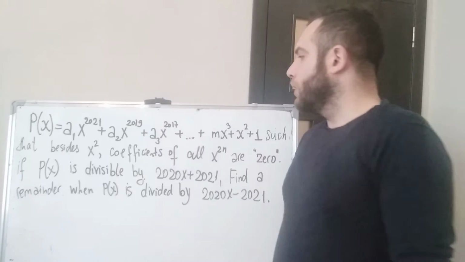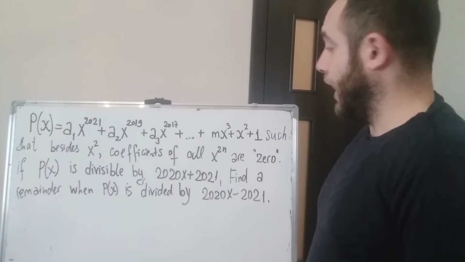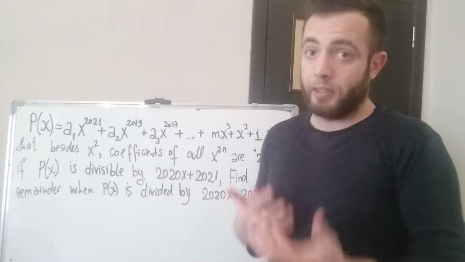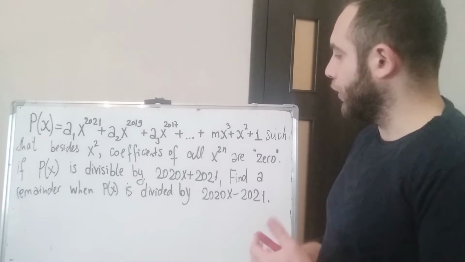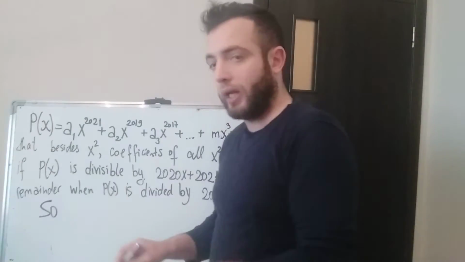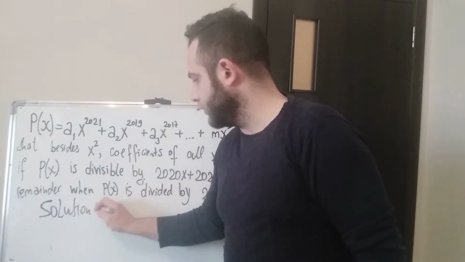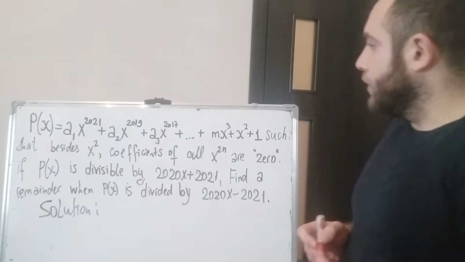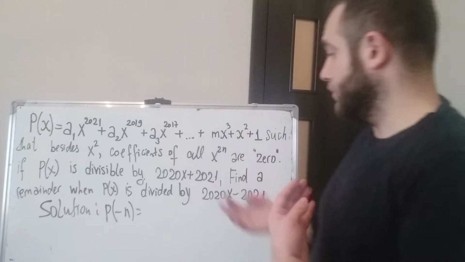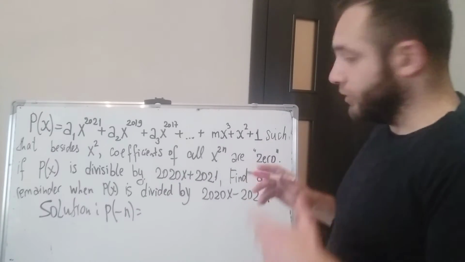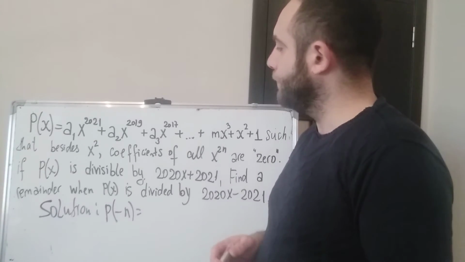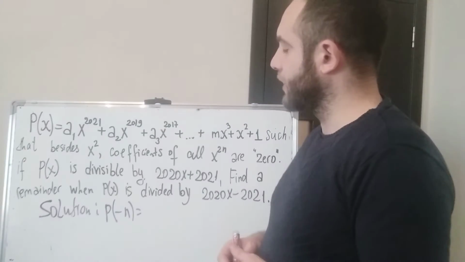It's a nice problem. It looks so monstrous as a polynomial, but we have to tame it to the normal form to work. Okay, let's write the solution. So if you check P of minus n, where n is any value here, generally we first check what kind of form P of x can show us.